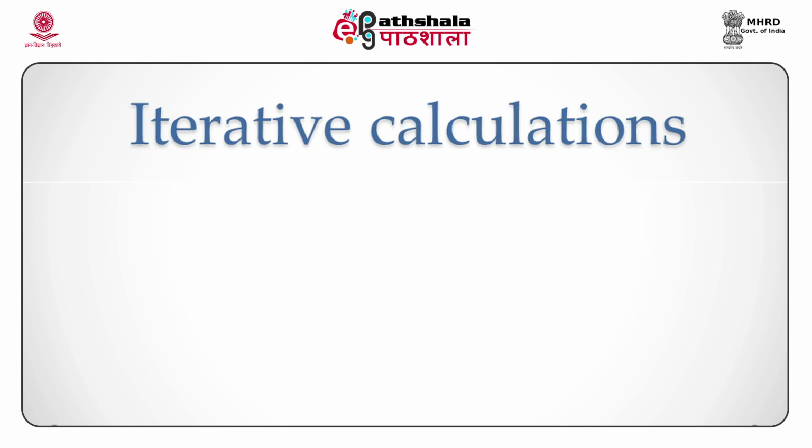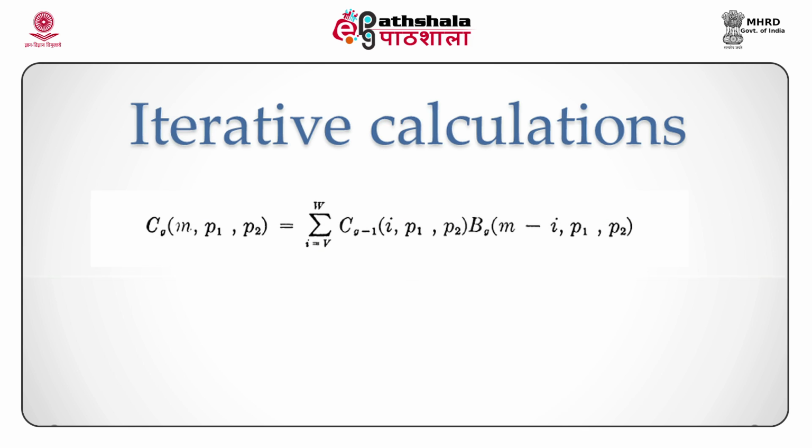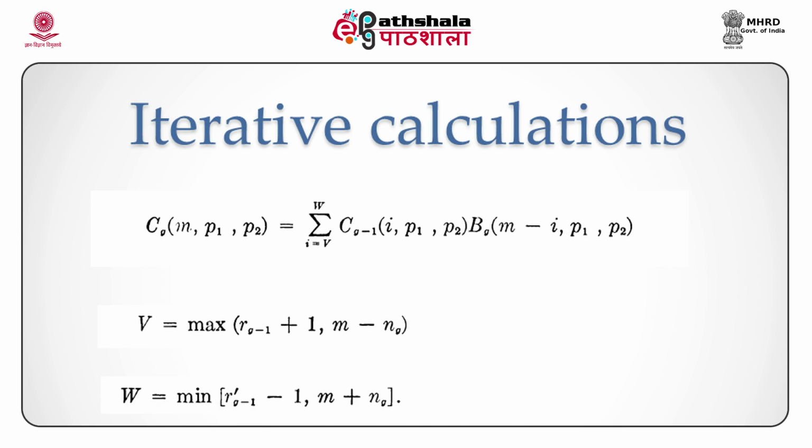Iterative calculations then are specified by C of m P1 P2 equal to summation i equal to v to w of C_{G minus 1} i P1 P2 into B_Q m minus i P1 P2, where v is the maximum of R_{G minus 1} plus 1 and m minus n_G, and w is the minimum of R_{G minus 1} dash minus 1 and m plus n_G.